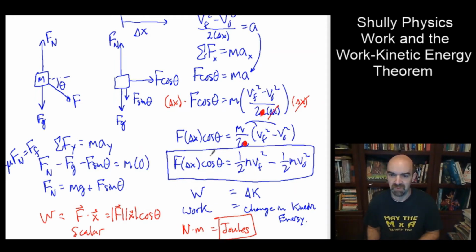So if you can find the work done to an object and you know the mass and initial velocity, you can easily determine the final velocity. That's one little aspect of this work kinetic energy theorem. But it has a lot of other implications too, because we're going to look at different kinds of forces. This is just talking about a force that's accelerating an object.